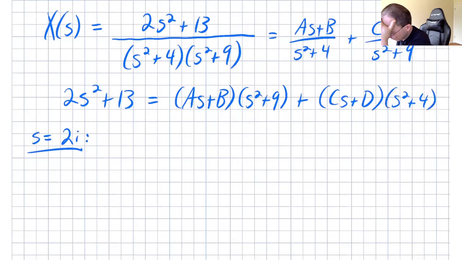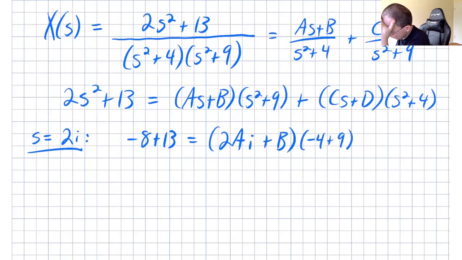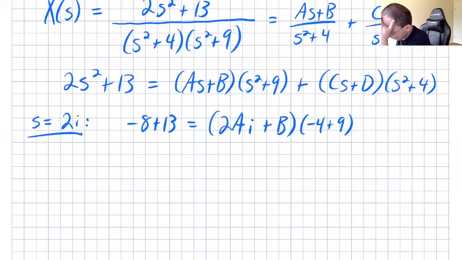So then on the left-hand side, we get 2 times minus 4. So that's minus 8 plus 13. And on the right-hand side, we have 2Ai plus B, and then we have minus 4 plus 9. So let's simplify this. 13 minus 8 is 5.